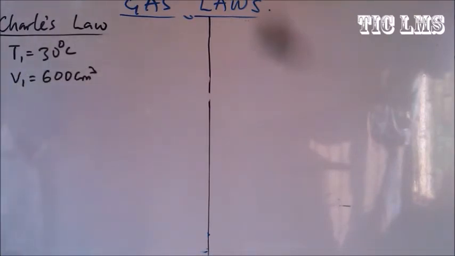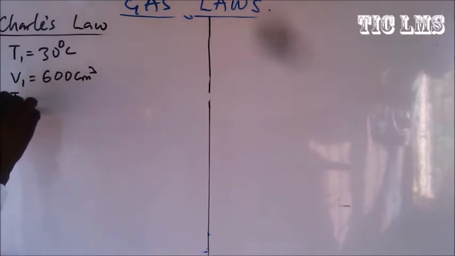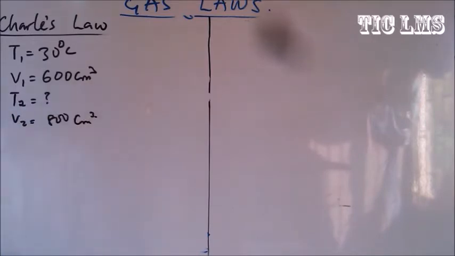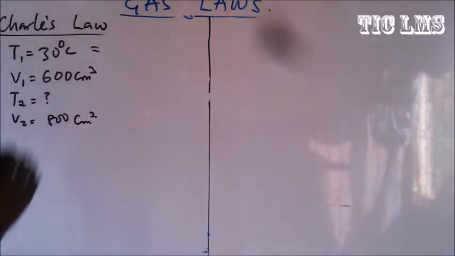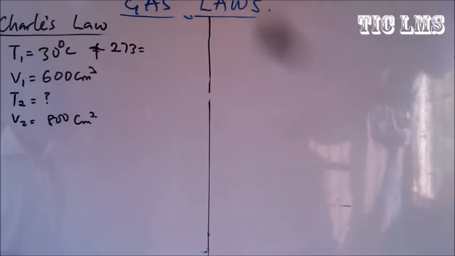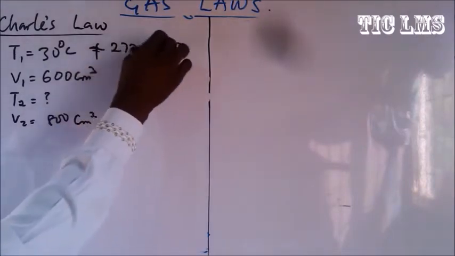And then we have that the pressure is constant, so it is not needed here. We have to determine the temperature, which is T2, if the volume has increased to 800 centimeter cube. So first, we will change this temperature to Kelvin by adding 273. When we add 273, that would give 303 Kelvin.